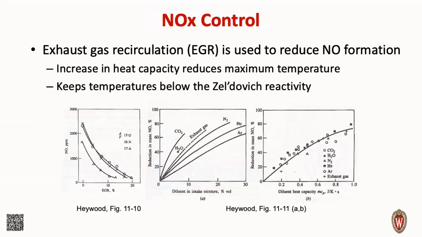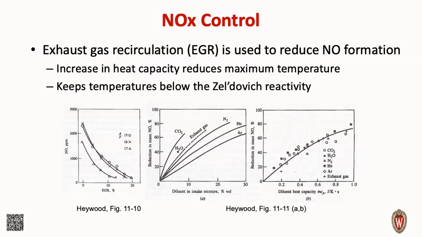For NOx control, one of the primary ways that we deal with NOx is by avoiding its formation, and that's what exhaust gas recirculation, or EGR, does. We use it to increase the heat capacity by pushing around a lot of gas that's already burnt. So you can think about it as loading more people into an elevator. The elevator is not going to get as high, right, if we've added all this weight into it.